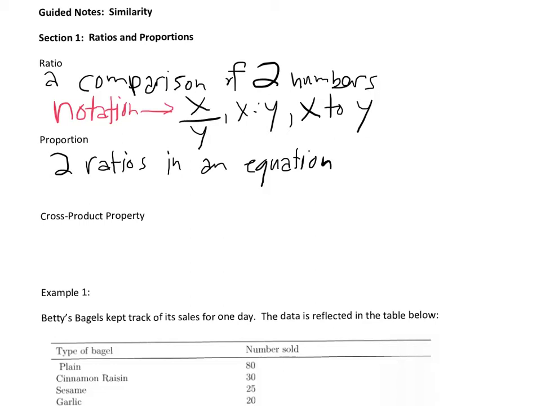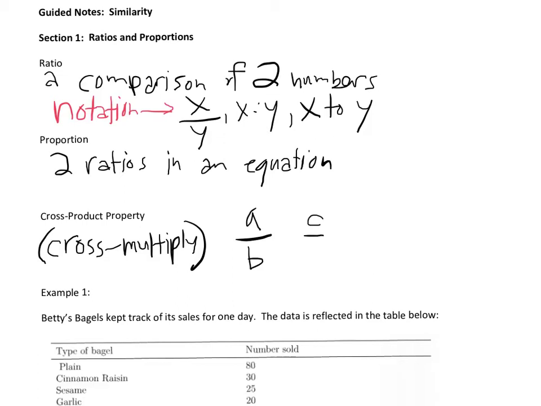And the last thing is a cross product property, which is something you're probably familiar with in that it's just cross multiplying. And we'll use that a lot when we're talking about proportions. So just a refresher, to cross multiply is to say that if we have the ratio a over b and c over d, and we make it into a proportion by saying that those two are equal, we can solve for any of the letters we want by cross multiplying.